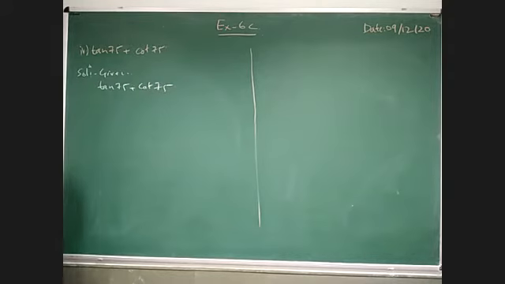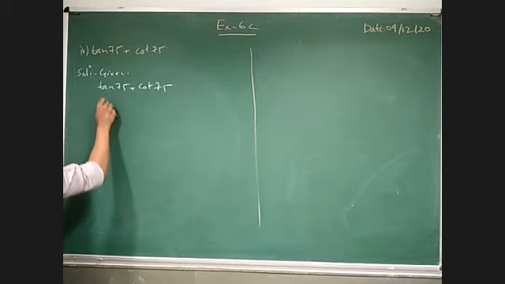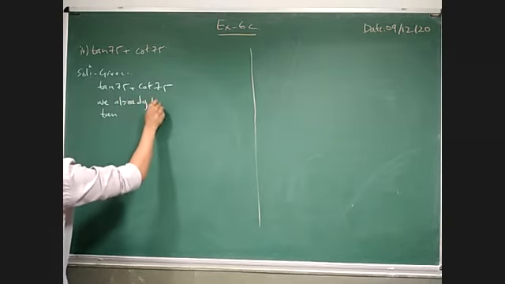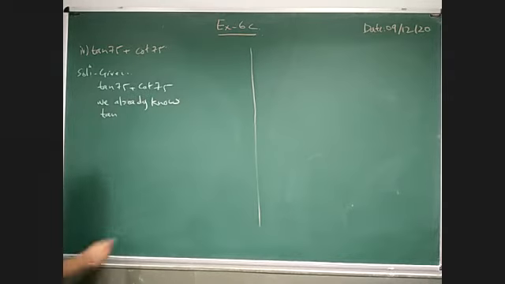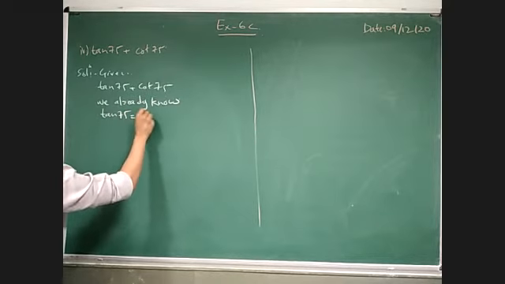We already know that tan 75 is nothing but (root 3 plus 1) upon (root 3 minus 1), and cot 75 is nothing but (root 3 minus 1) upon (root 3 plus 1).